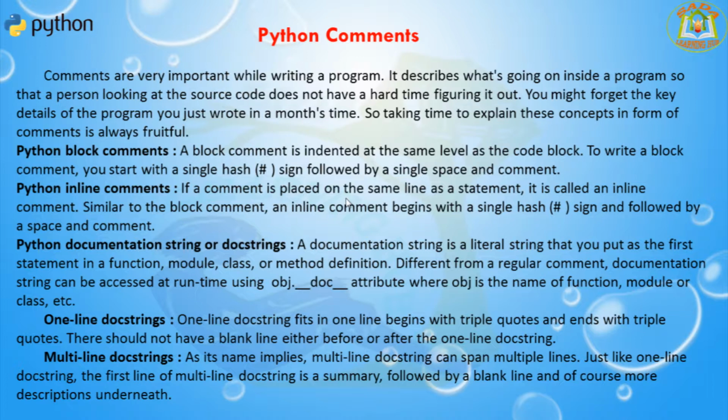Python comments begin with the hash or pound sign and continue to the end of the line. If you are starting a comment, you put the hash or pound symbol and Python will treat it as a comment. It is important to note that the Python interpreter ignores comments when it interprets the code.